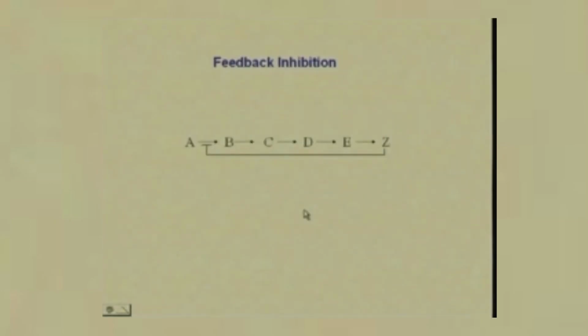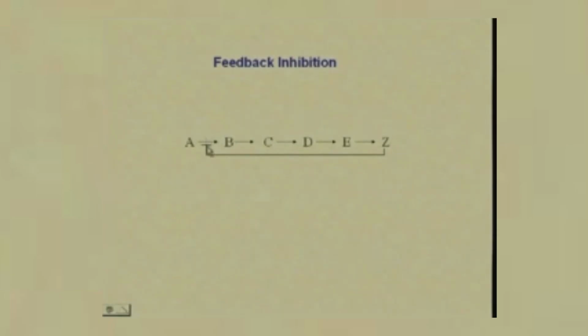One other thing before we get back to our problem is called feedback inhibition. This is something that is extremely interesting that happens in our body all the time. Suppose we have a reaction, say A going to B, going to C. Now each of these arrows corresponds to an enzymatic reaction.